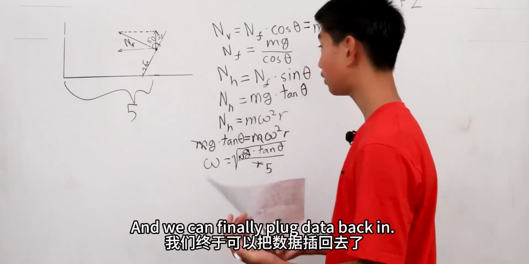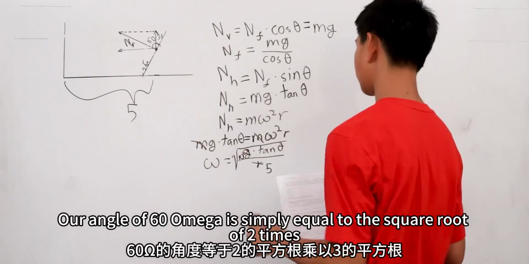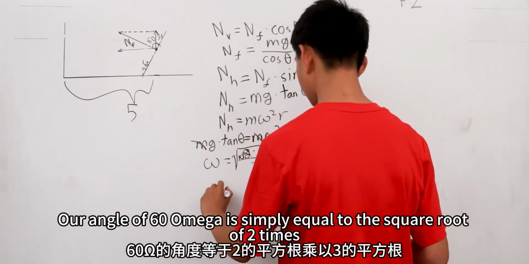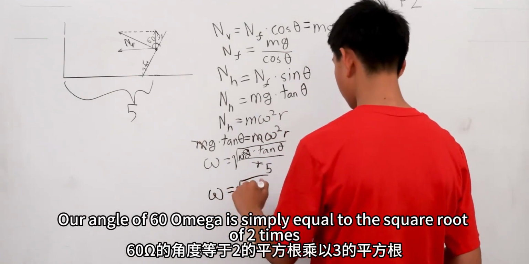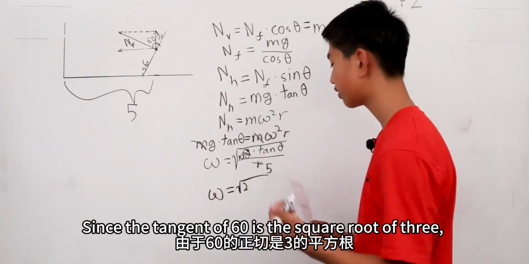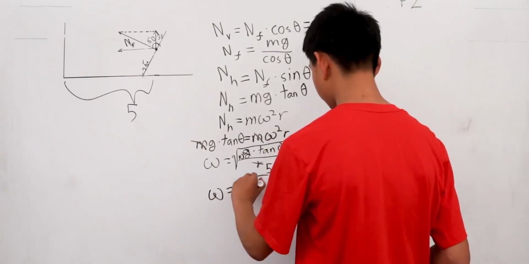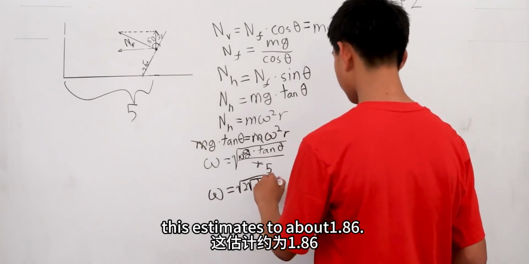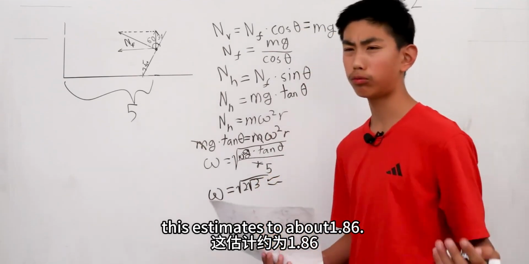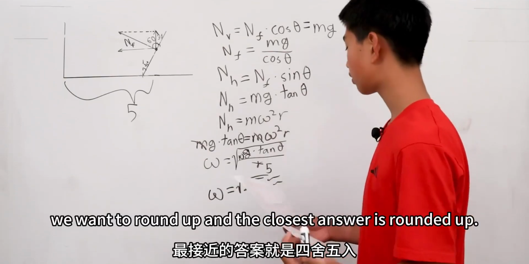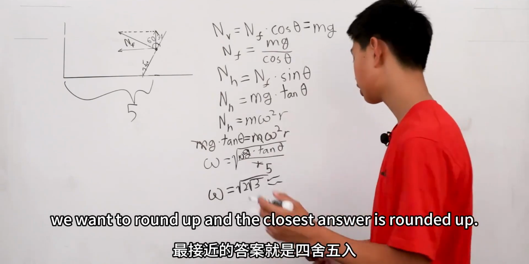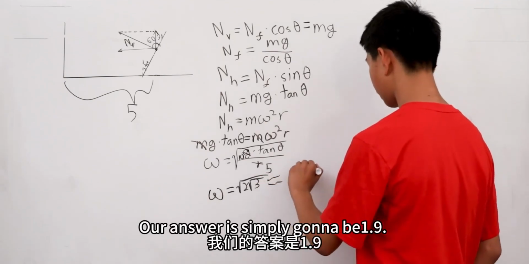And we can finally plug theta back in, our angle of 60. So omega is simply equal to the square root of 2 times the square root of 3, since the tangent of 60 is the square root of 3. This estimates to about 1.86. But since we want to round up and the closest answer is rounded up, our answer is simply going to be 1.9.